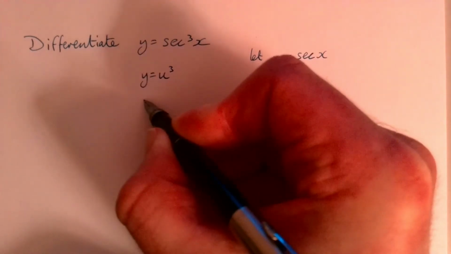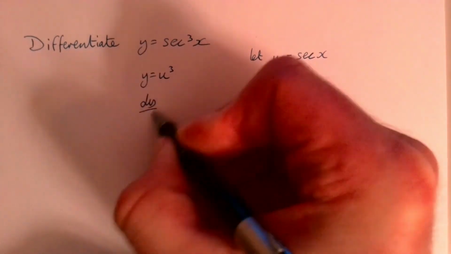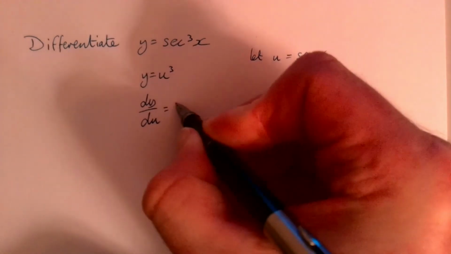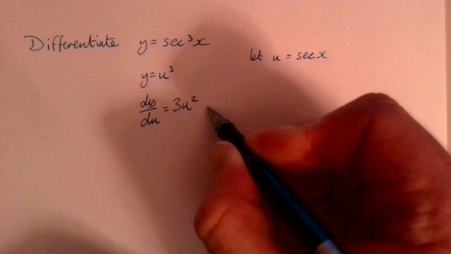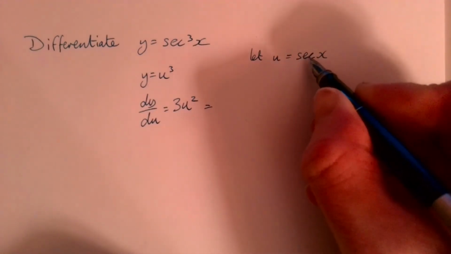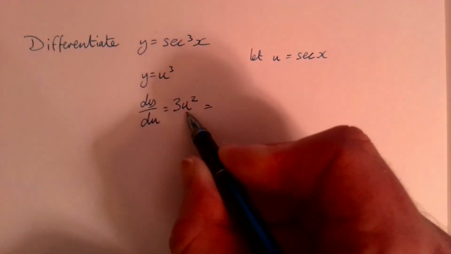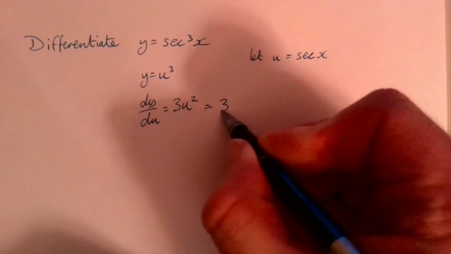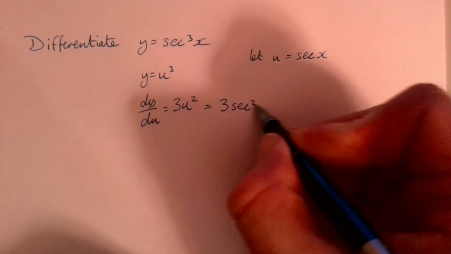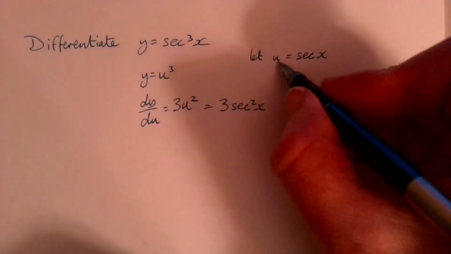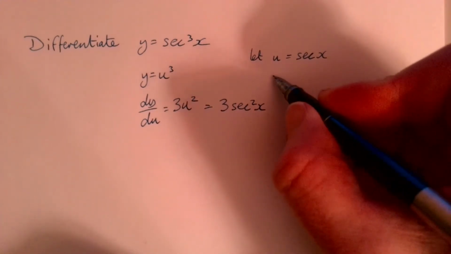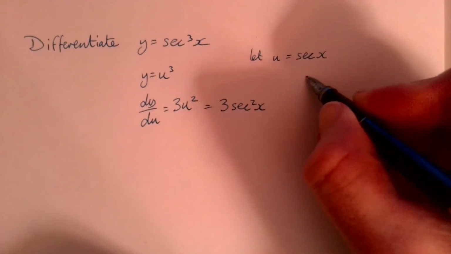We can differentiate, can't we? dy by du is 3u squared, which means we can then substitute the sec x back in there and call that 3 sec squared x, and then we need to do du by dx, don't we?